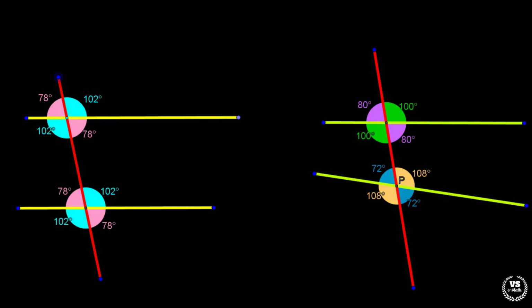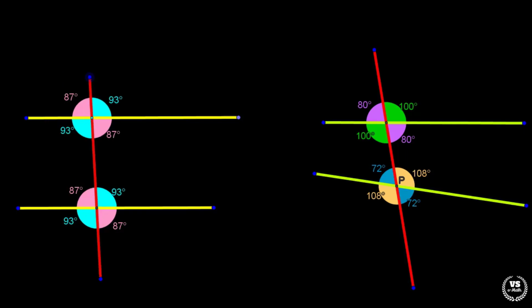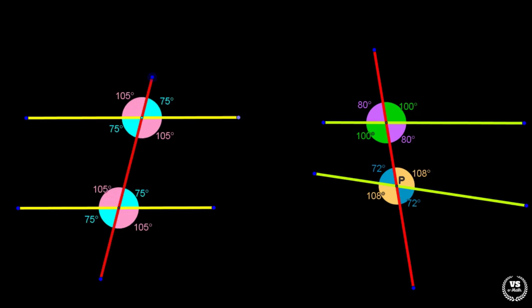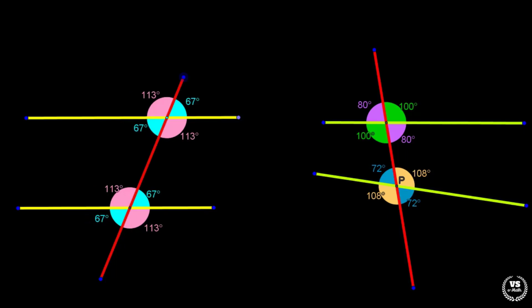In the first figure, the alternate interior, the alternate exterior, as well as the corresponding angles are equal. But they are unequal in the second figure.